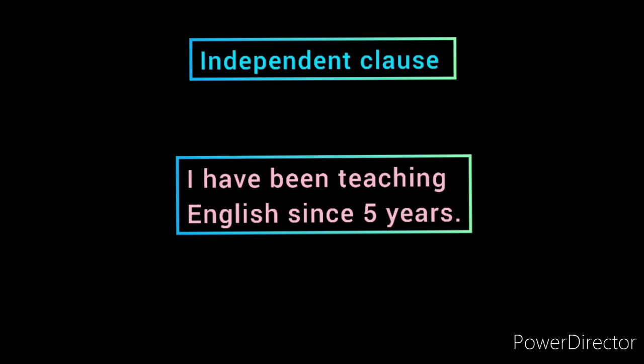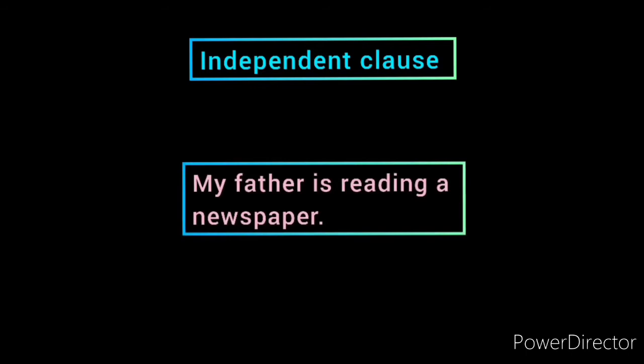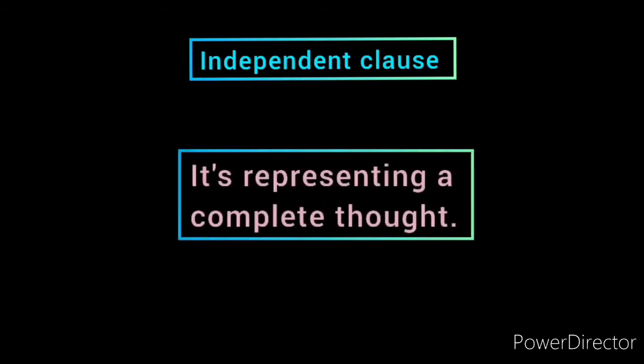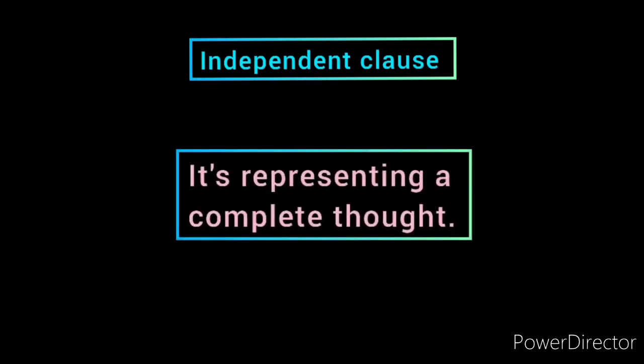Now, the next example is my father is reading a newspaper. Again, students, it is independent clause because this group of words is conveying complete sense, right, students? So, why is it an independent clause? If someone asks you, you can say that it is representing a complete thought, and that's the reason that it is an independent clause.